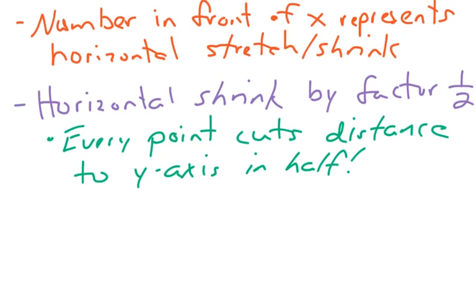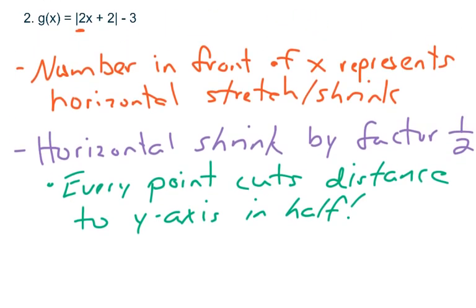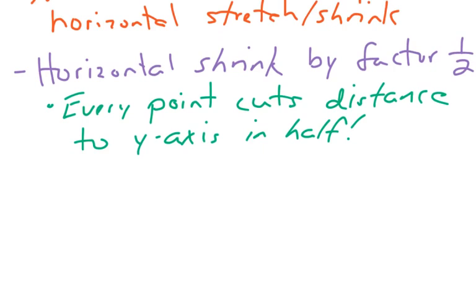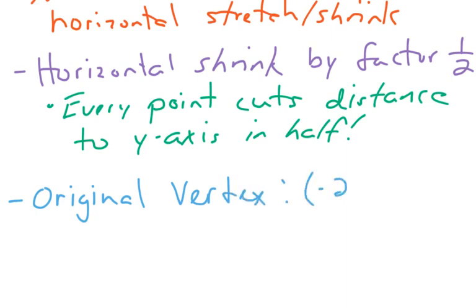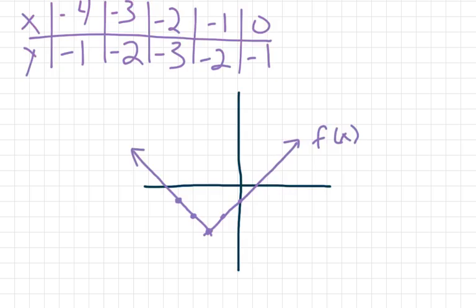Okay, so now if we think about this, if the original vertex was at the point -2, -3, we can get that from this one right here, -2, -3. This distance right here is 2 units away.